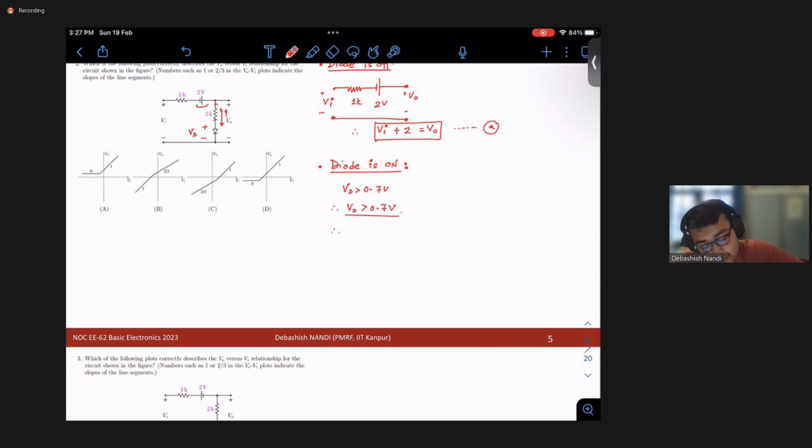If V0 is greater than 0.7 volt, then Vi plus 2 must be greater than 0.7. So your Vi should be greater than 0.7 minus 2 volt, that is minus 1.3 volt. So the diode will be on when Vi is greater than minus 1.3 volt.